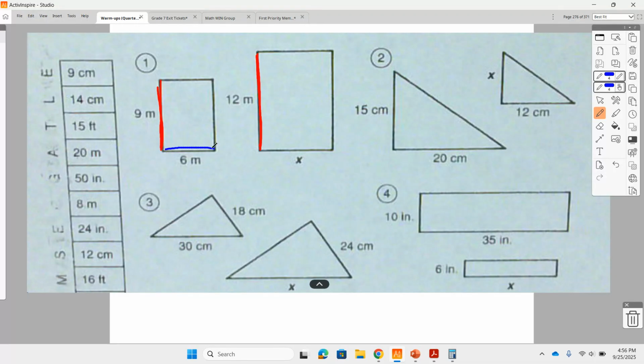Right, 6 and x are matching. So we can set up a proportion to solve. 9 over 6, red over blue, equals 12 over x, red over blue, and cross multiply.